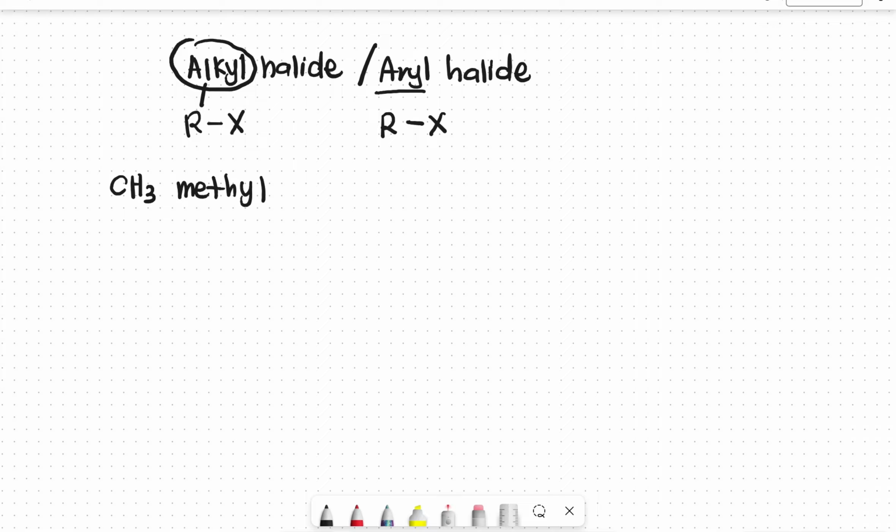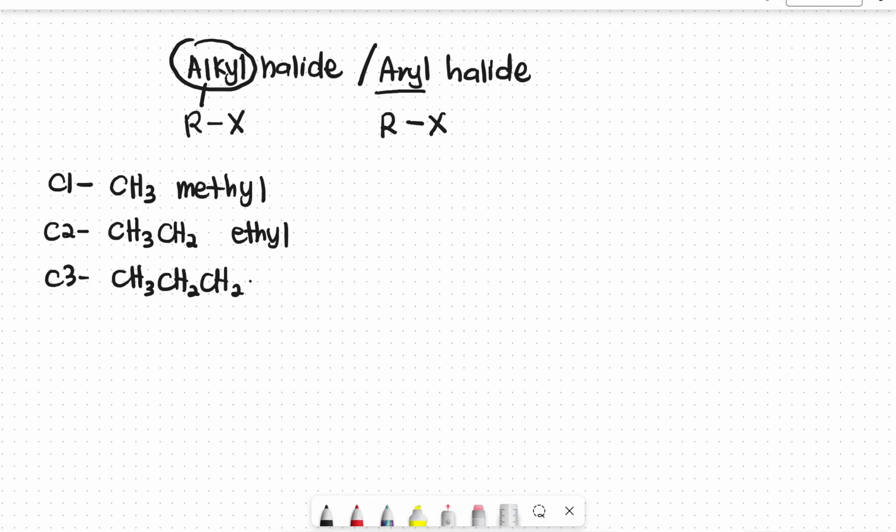Try to write down C1 until C10, where C1 is methyl, C2 is CH3CH2, which is ethyl, C3 is CH3CH2CH2, which is propyl, and the list goes on until C10. So try to memorize the number and the structure for this alkyl.